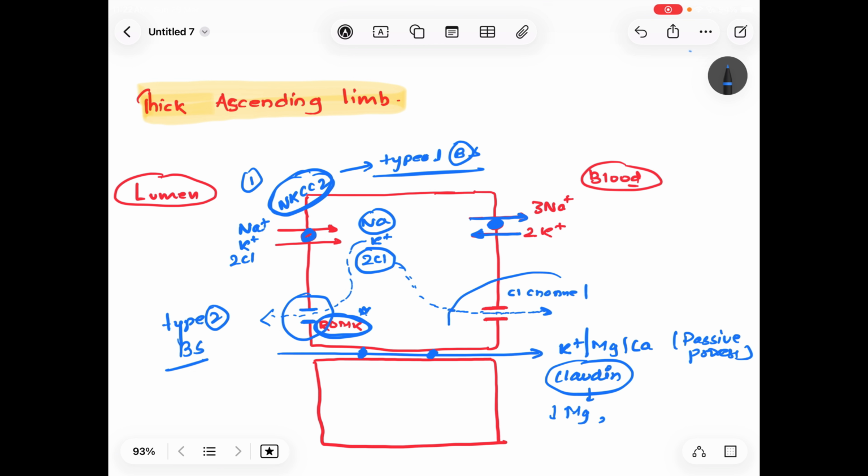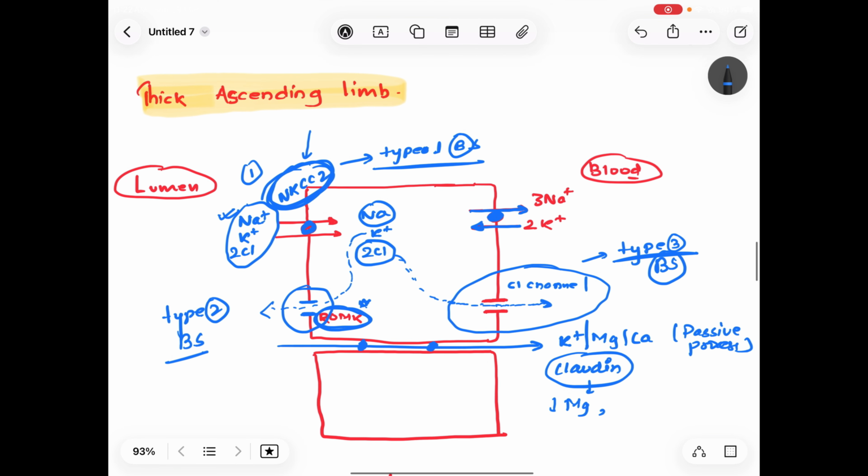And a defect in this chloride channel causes type 3 Bartter syndrome. We also know that Lasix or furosemide inhibits this channel protein, which is the sodium potassium 2 chloride channel. We'll discuss this topic again in detail.